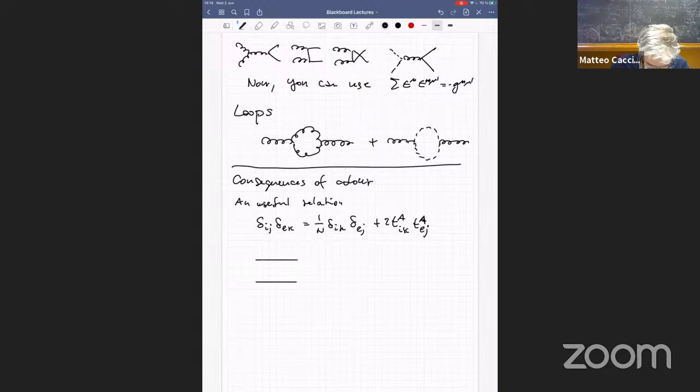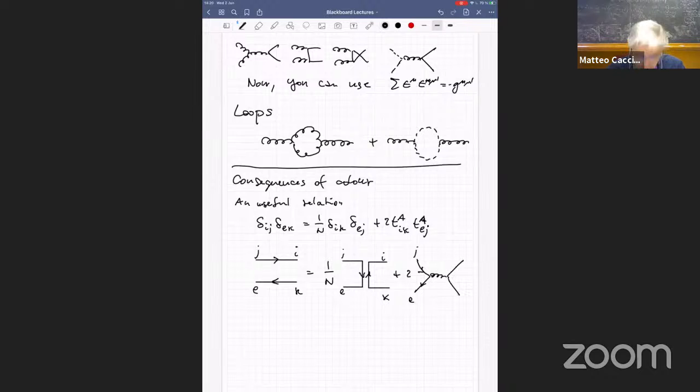A quark line ji, an anti-quark line lk, is equal to 1 over N times a quark line jl and another quark line ik, plus twice a quark line jl, a gluon, and ik.